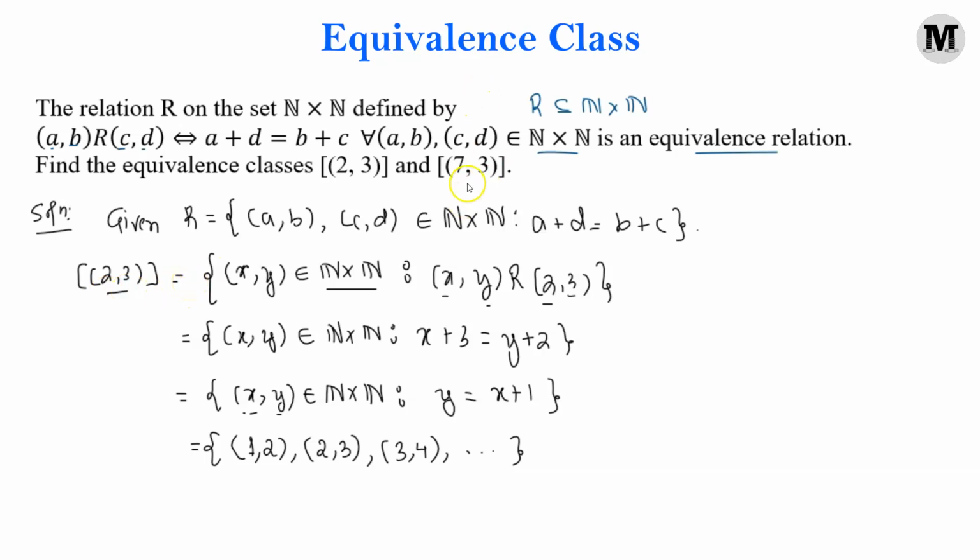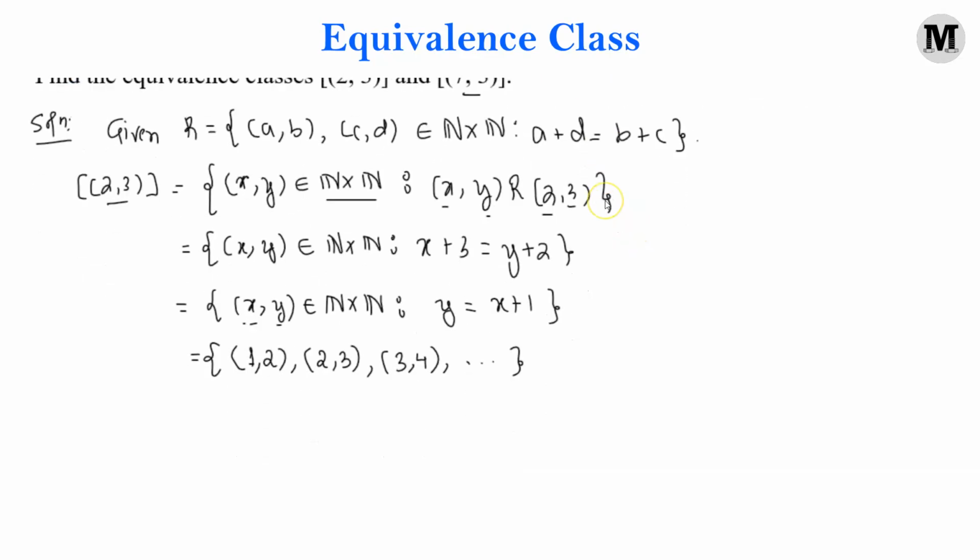Next, we will find the equivalence class of the ordered pair (7, 3). Here we're going to use the definition. This is going to be the set of ordered pairs (x, y) belonging to the Cartesian product of the set of natural numbers with itself, such that (x, y) is related to (7, 3).